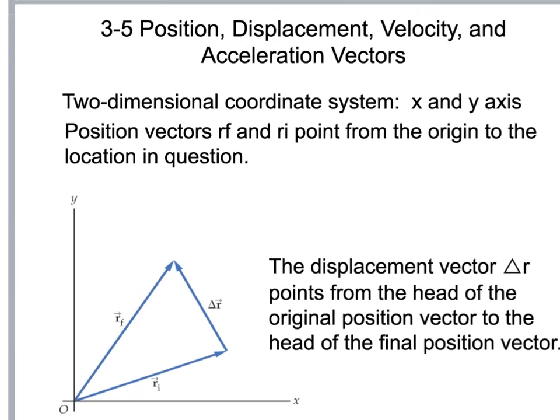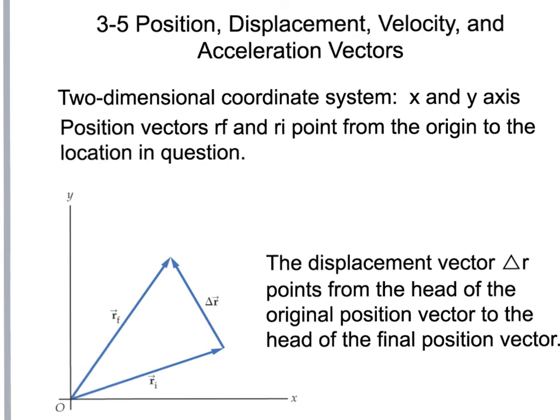So where this all comes into play again, tracing it back to chapter 4, a two-dimensional coordinate system gives you the x and the y axis. And for the position vectors, r sub i is the initial vector, r sub f is your final.